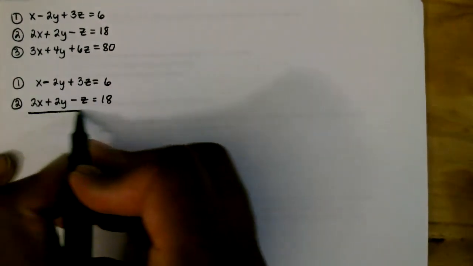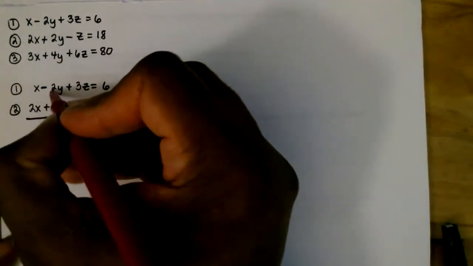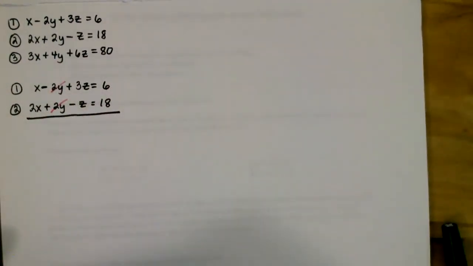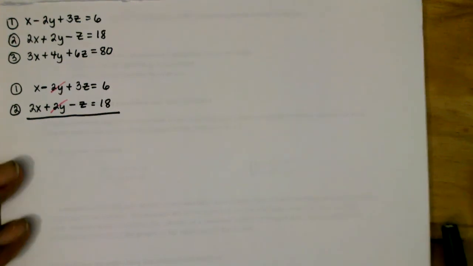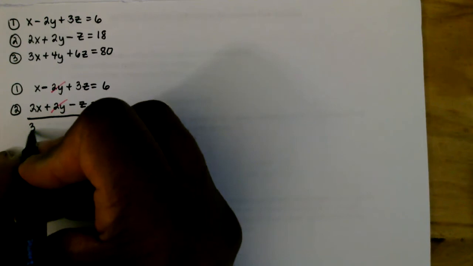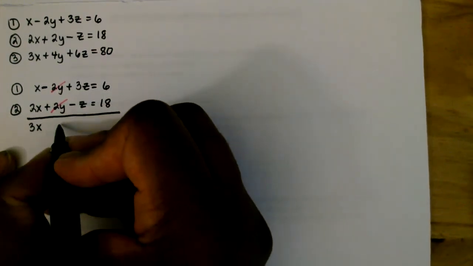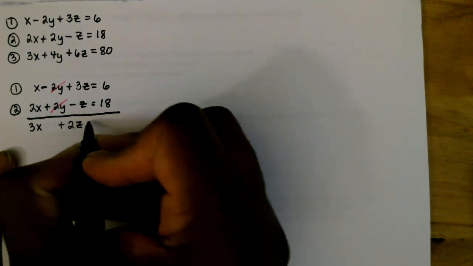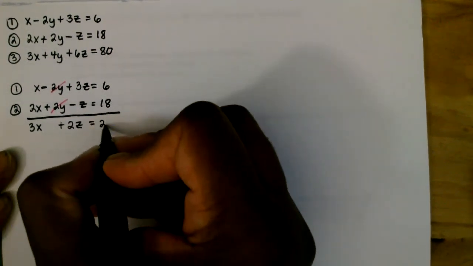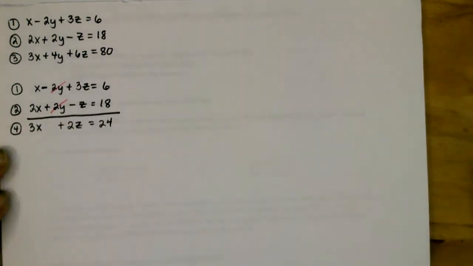Now I'm just going to straight add those two equations together, because notice the minus 2y and the plus 2y, they're gone. I can eliminate that. So now I got 1x and a 2x, that's 3x. 3z minus 1z will be a plus 2z equals 6 plus 18 will be 24. This will be my new equation 4.